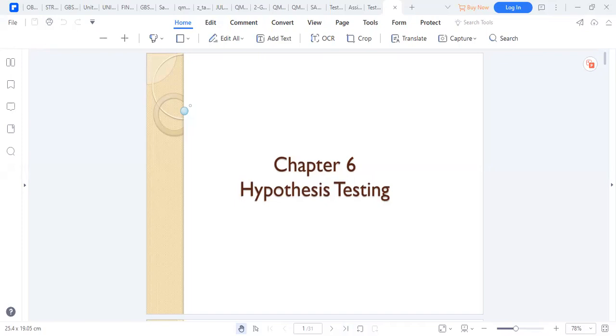Now these assumptions must be tested or proven. And to do that, we undertake what is called a statistical method that will determine our premises, whether they are true or false. And so we undertake what is called hypothesis testing.